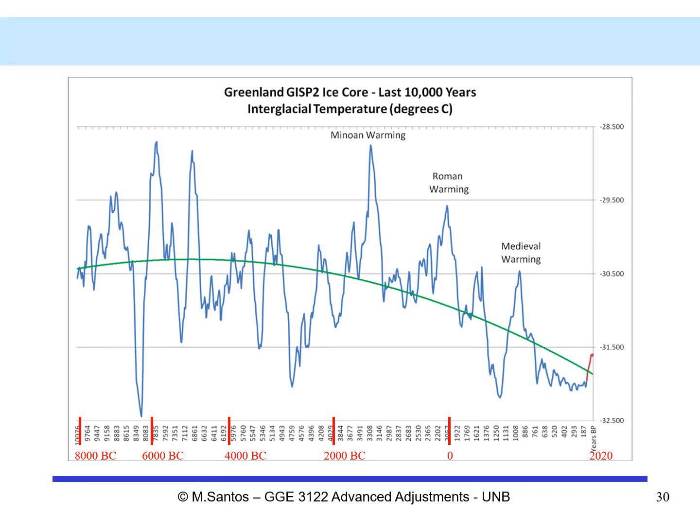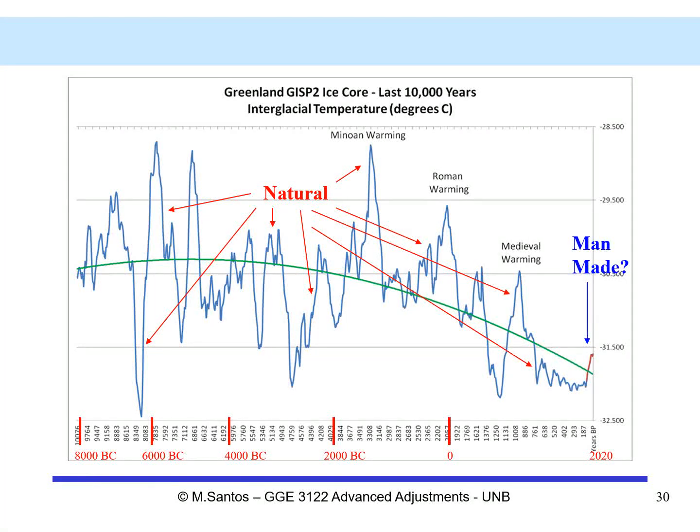We have this variation in temperature, the so-called Minoan warming, 4,000 years ago. Then, 2,000 years ago, there was the Roman warming, followed by the medieval warming, then small variations until the current warming. Now, the thing we have to keep in mind is that all of that variation is natural, okay?